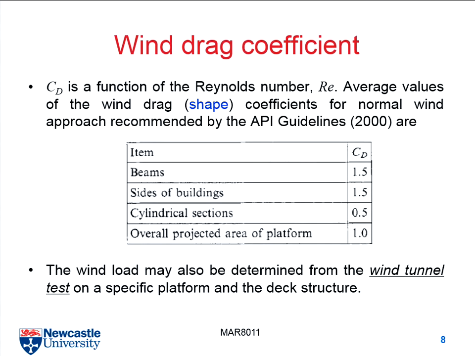For example, this table is from Professor Longin again, but he got this from API, American Petroleum Institute. They have some definitions for the coefficients, but the coefficients could be different for different structures, for different things.